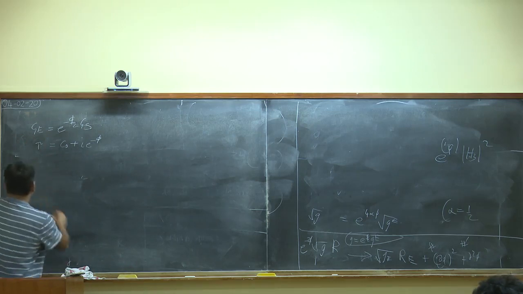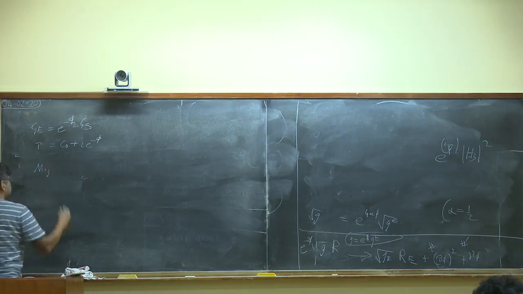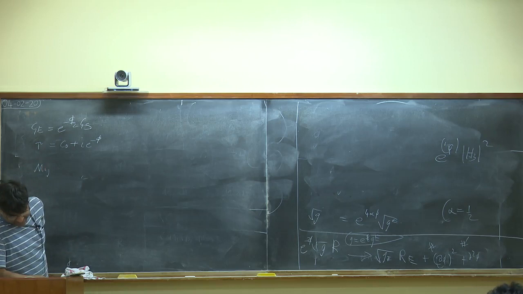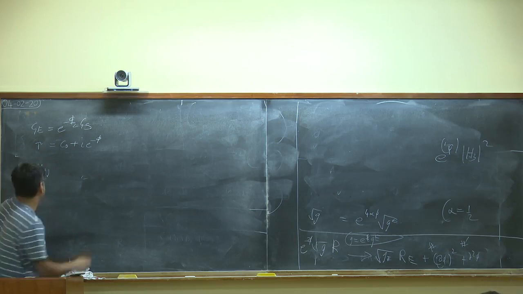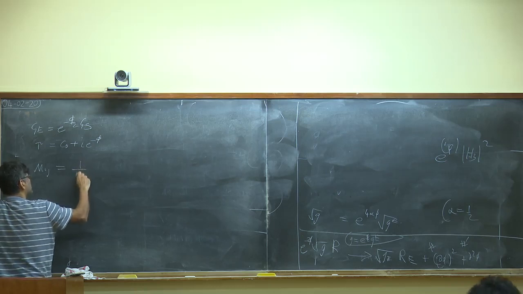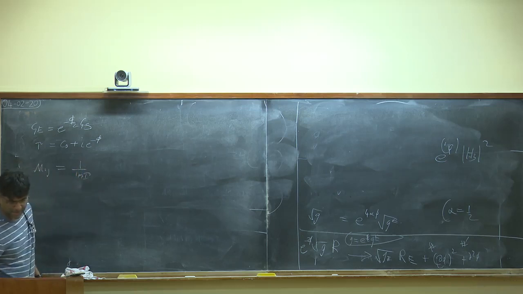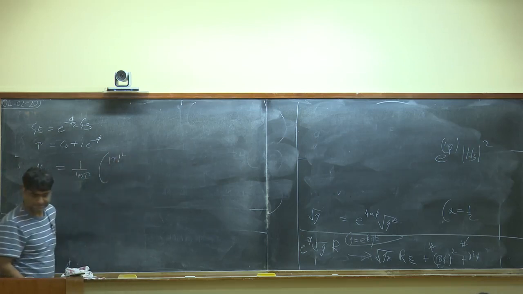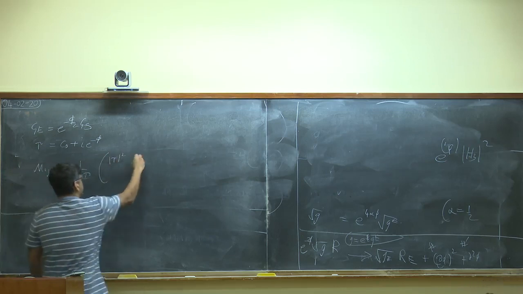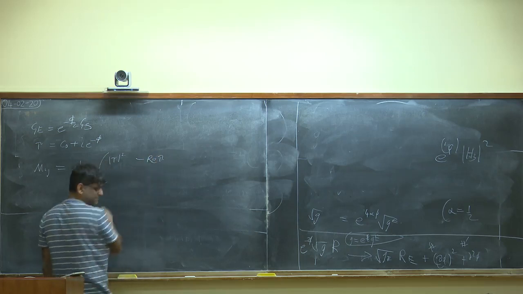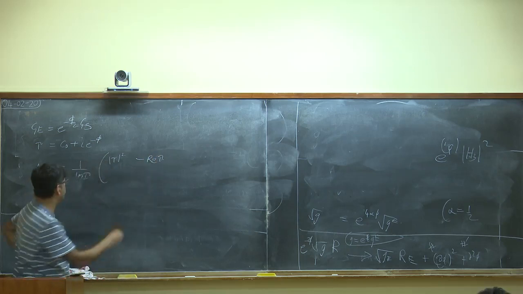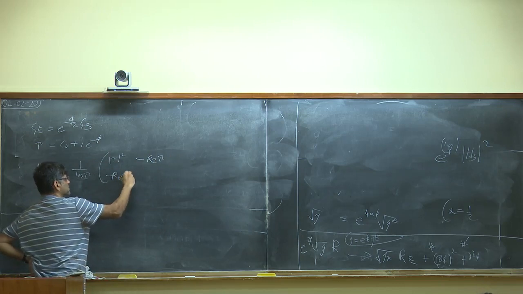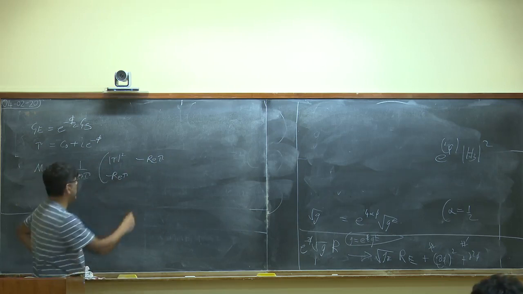Okay. And then we define also Mij, this matrix built out of tau, which is 1 by imaginary part of tau, times mod tau squared, minus real part of tau, minus real part of tau, and 1.